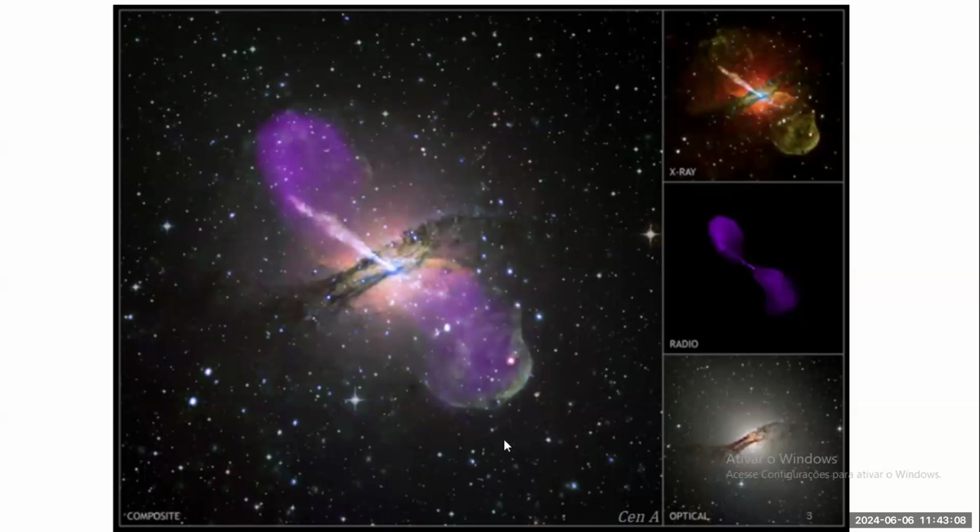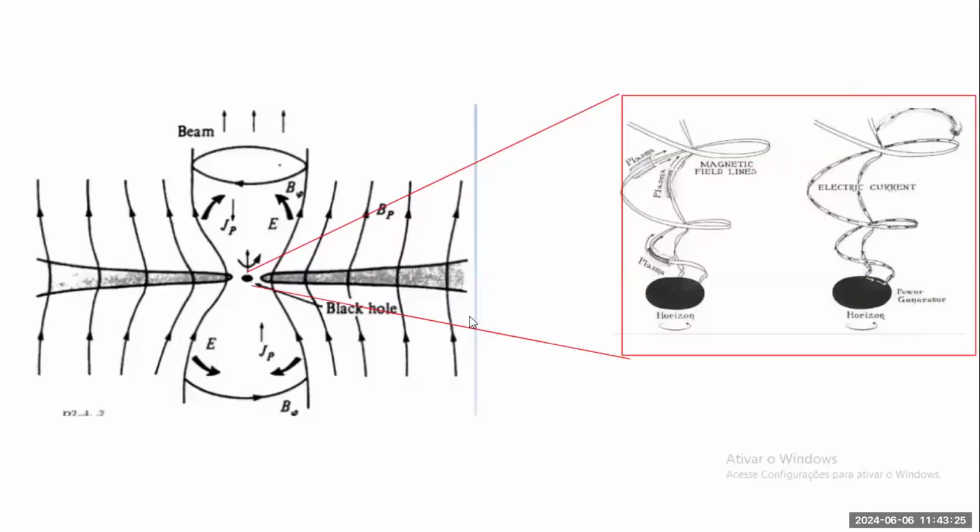So we have whole galaxies and huge objects expelling matter. So of course the standard model here of active galactic nuclei are the black holes powering these jets. So okay, a little bit about the mechanism.